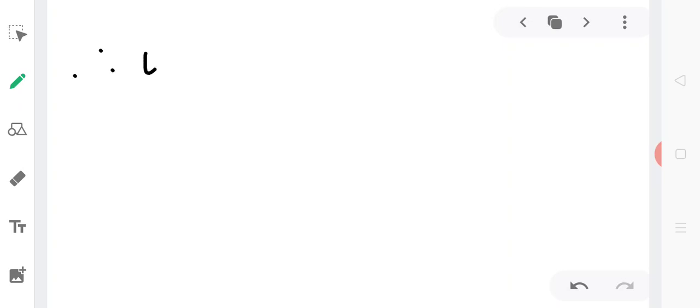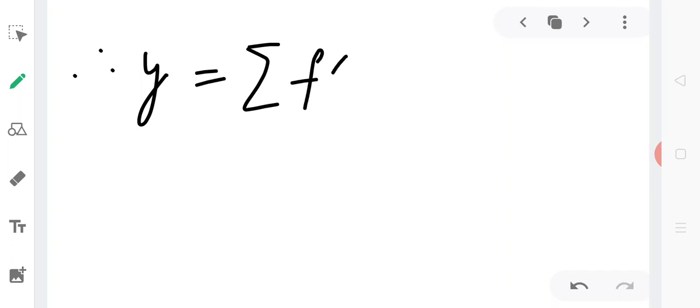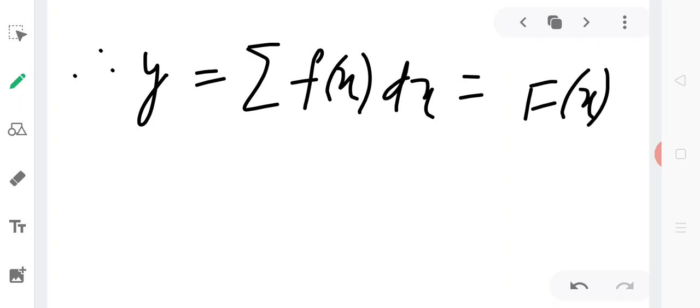Therefore, y will be equal to summation of f(x) dx.